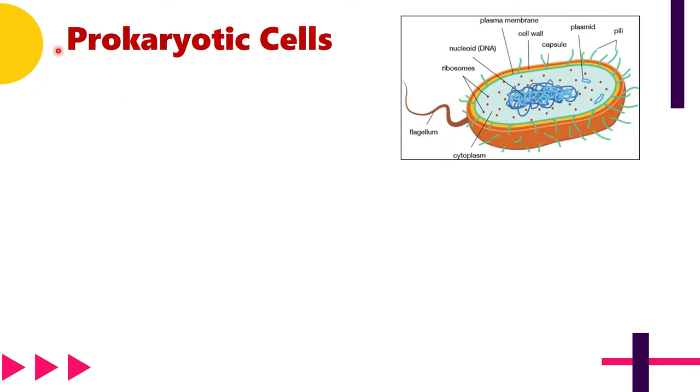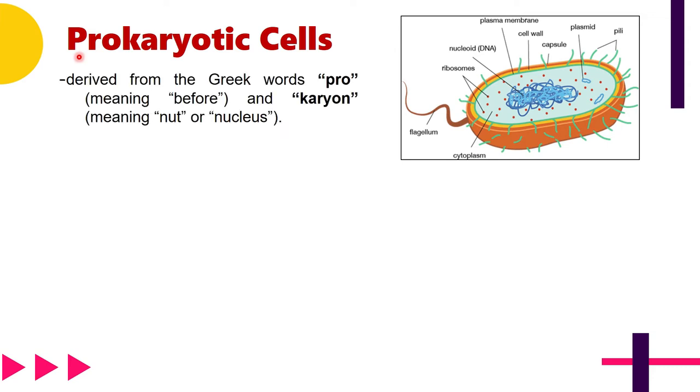So let us proceed to prokaryotic cells. This is the structure, or the appearance, of a prokaryotic cell. The term prokaryotic is derived from the Greek words pro, meaning before, and karyon, meaning nut or nucleus.